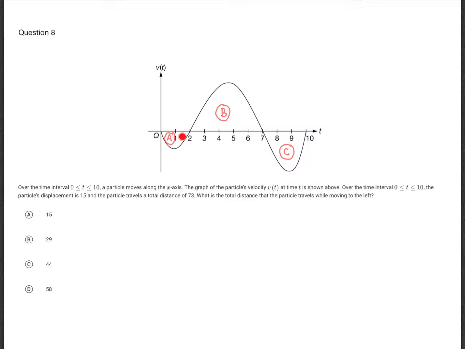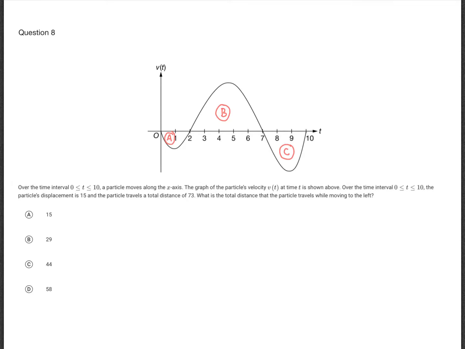So this will be the distance it's moving to the left, since that's negative. Whatever this area is, this area here represents the distance that it travels to the right, and whatever that area is, that's the distance it travels back to the left. So displacement is really just adding these but subtracting A and C.